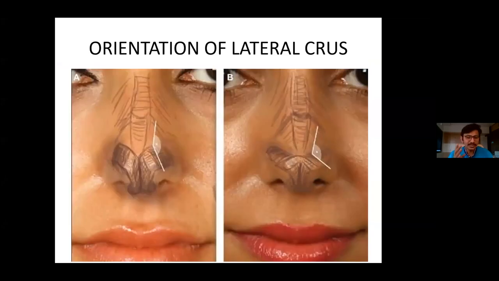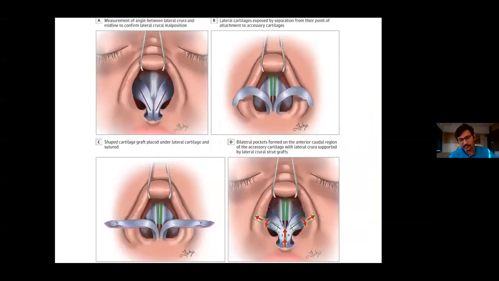So now this is because of the weak lateral crus and also the malorientation of the lateral crus. The lateral crus should always be directed towards the lateral canthus, but if it is directed towards the medial canthus, it makes a weak point on the lateral nasal wall. So on deep inspiration, it causes the weakness of the lateral nasal wall.